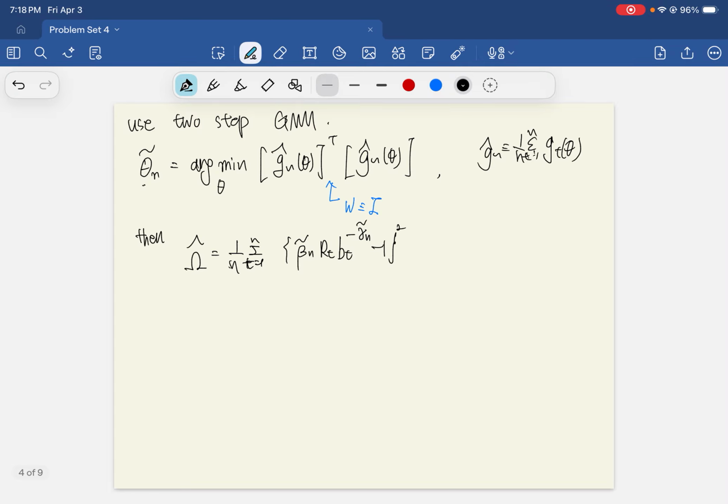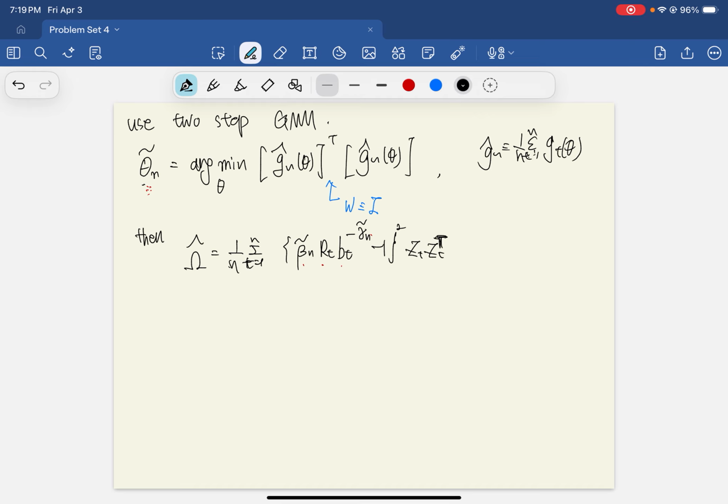So you can calculate everything. Beta tilde is obtained here, calculated here. Gamma tilde is also calculated here. RT, BT are data, what you observe. So also ZT transpose are observed data. Okay, so this is computable.